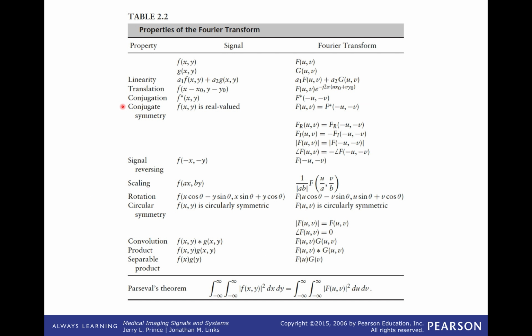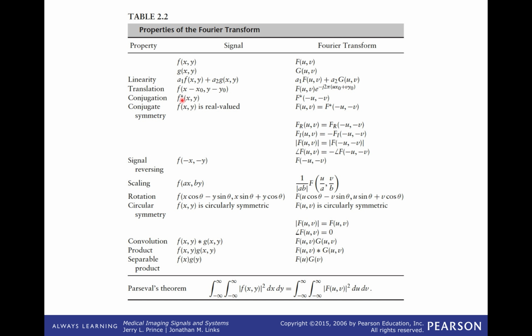And here, this is a list of properties of the Fourier transform. And so we already looked at linearity. The translation property is basically the original Fourier transform times a phasor, right, when you translate your function. So if I have a function here and I translate it and look at what's going on in the Fourier space, the magnitude doesn't change, just the phase changes in the Fourier space. Okay?